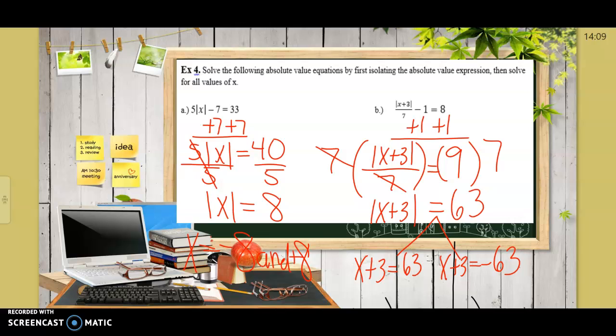And voila, you're going to have 2 answers. 63 minus 3 is 60. Subtracting 3 on this side. Is it simply just -60? No, it's -66. All right. So there you have it. Solving for absolute value answers or solutions with your equation skills. You got 2.